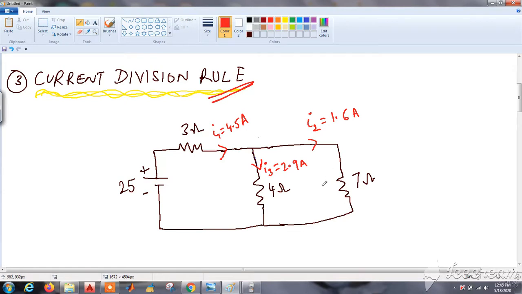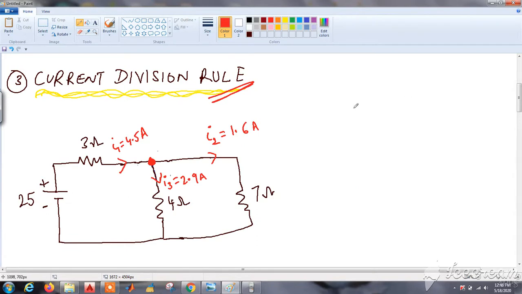If you have any doubt in the exam whether this is correct or not, and you want to verify using any method, not only the current division rule, but mesh analysis or nodal analysis also, how can you verify that you got correct results? You can apply KCL here and see whether it is satisfying your current values or not. So let me zoom this area. I1 is like this, I1 is going out like this and I3 is flowing like this.